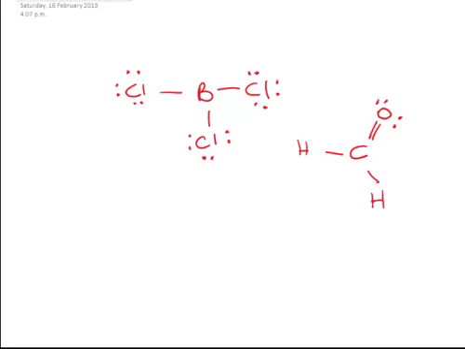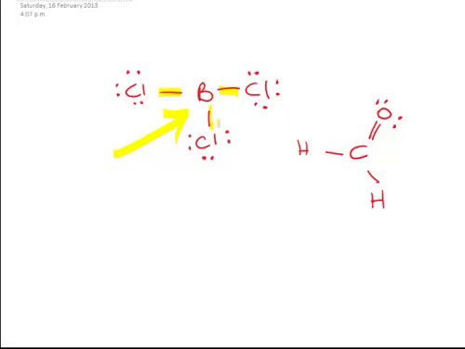Now in this case, we have an atom, boron, which has got 3 bonding pairs around it, and that's it. Remember, boron is an exception. It can only fit 3 atoms around it. It doesn't need to obey the octet rule and have 8 electrons.